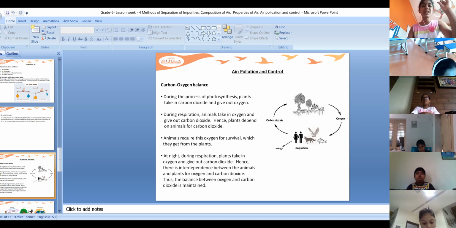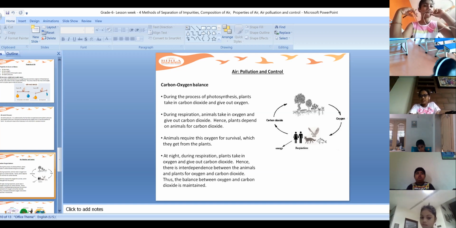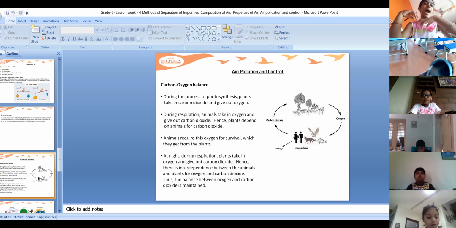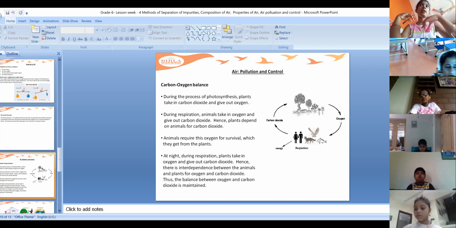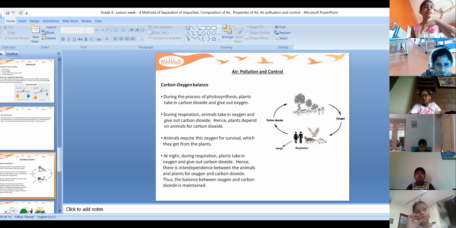Ma'am, from industries also the smoke can come, but industry is man-made. What are the other sources apart from man-made, which are natural? Ma'am, natural means they can come naturally, examples acid rain, ma'am.